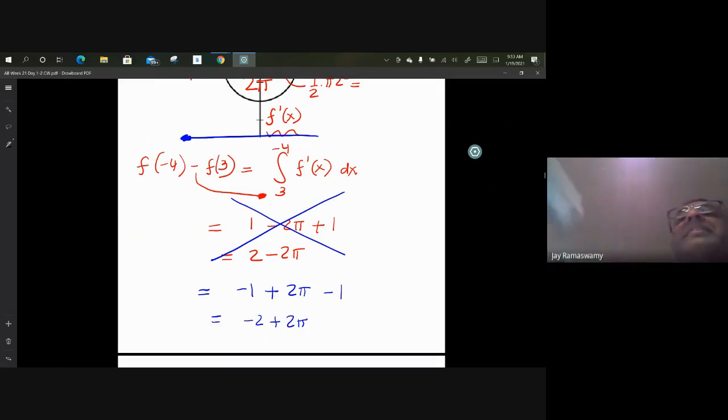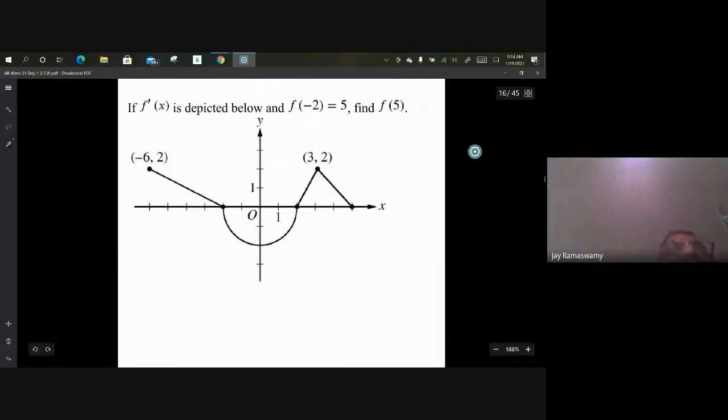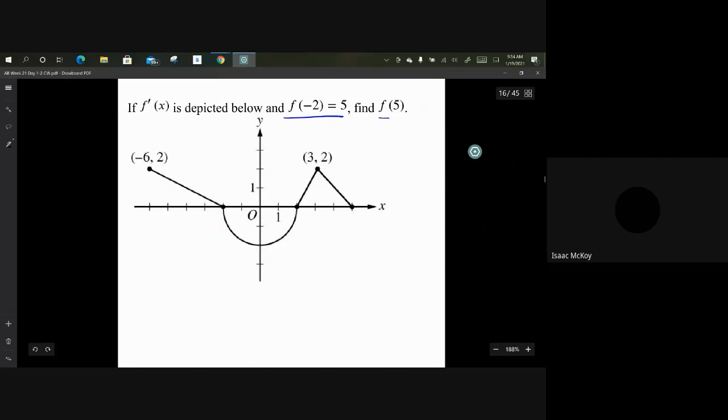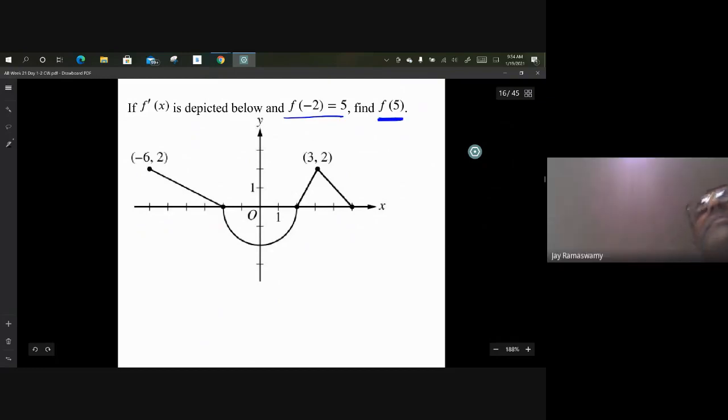Slow down, please. Okay, right on page 16. It is exactly the same problem. So write down the given information. They say this time f of -2 is 5, and they say find f of 5. Mr. Buhe, have a shot.